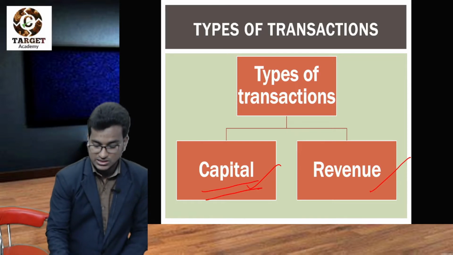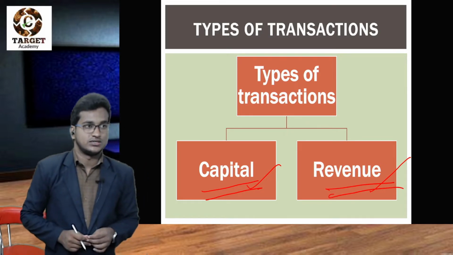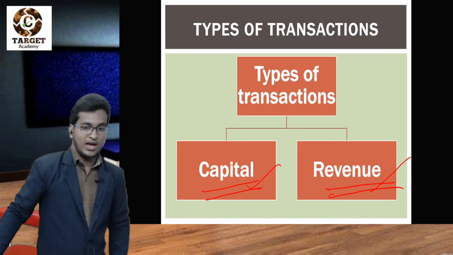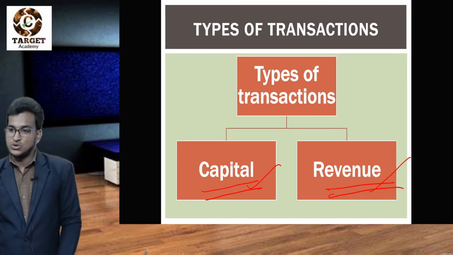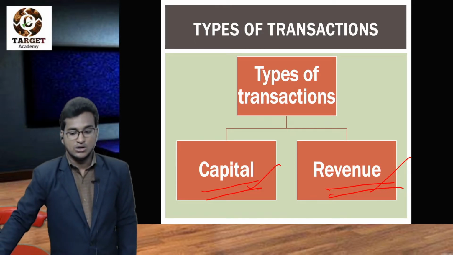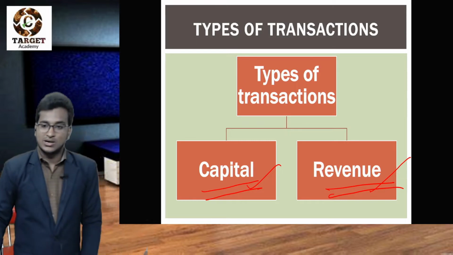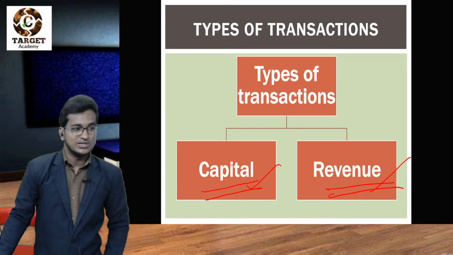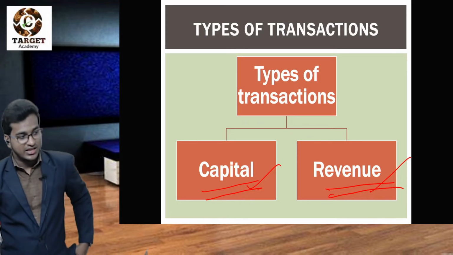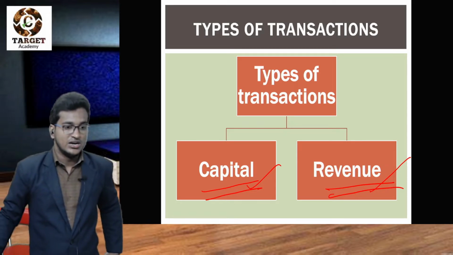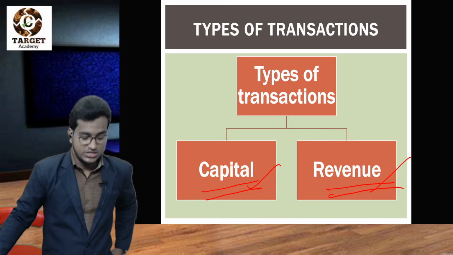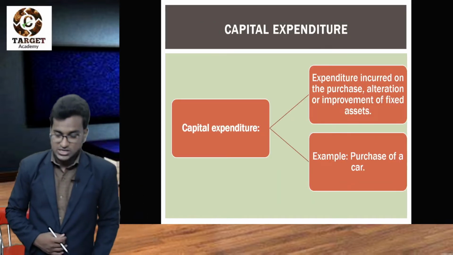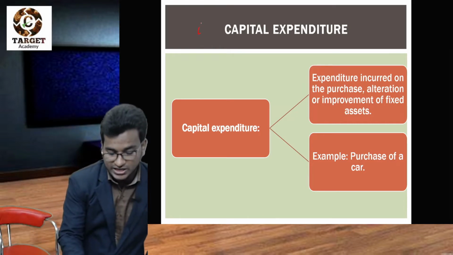In this chapter, the major focus is on what are capital expenditure, revenue expenditure, capital receipts and revenue receipts. In addition, there is a small concept called deferred revenue expenditure. After that, the first topic is capital expenditure.